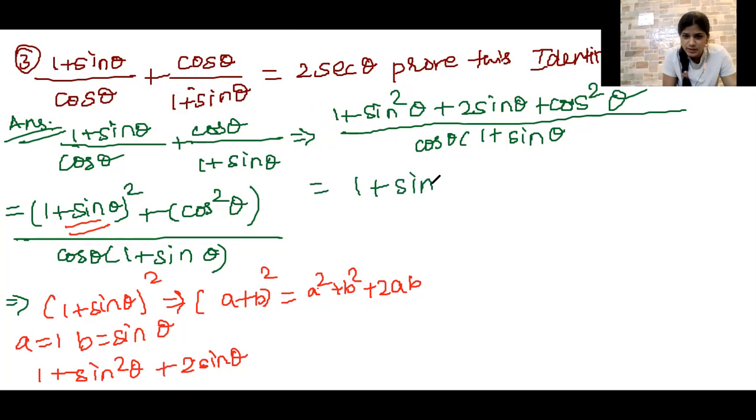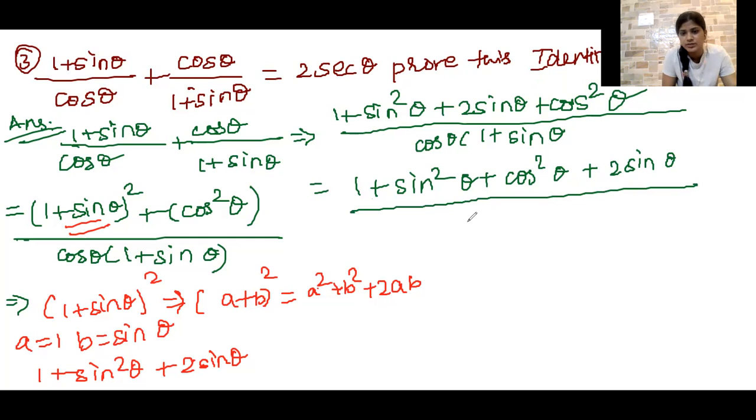as 1 plus sine square theta plus cos square theta plus 2 sine theta. I've just swapped the position of 2 sine theta and cos square theta, just changed their position so that I can apply the Pythagorean identity in this. The denominator is going to be cos theta into 1 plus sine theta.